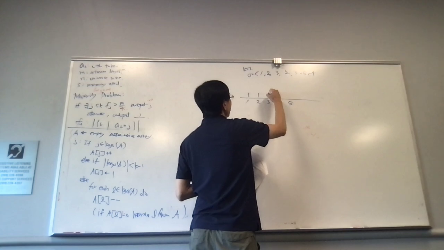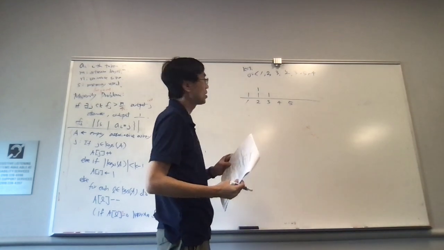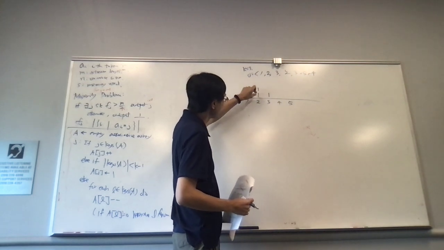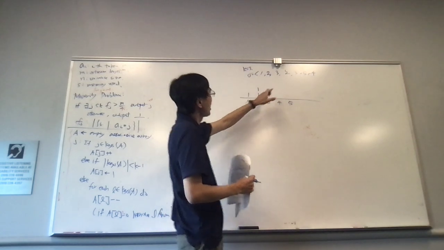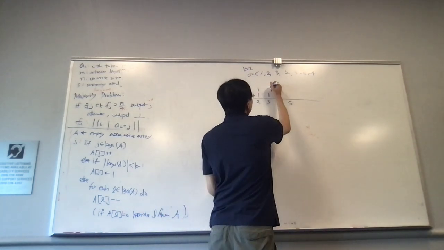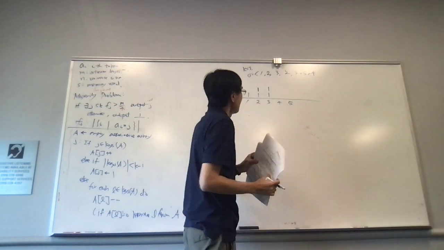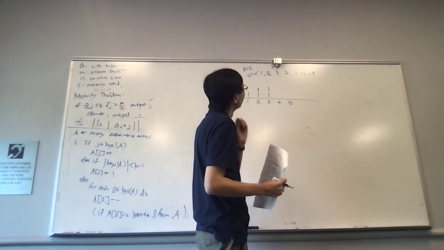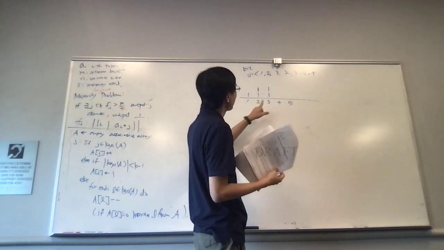Then I see 2, so I add 1 more bar here. Of course I'm not actually doing it this way; I'll put count 2 here, but it's just for visualization. And then I see 3. But now, what do I do here?